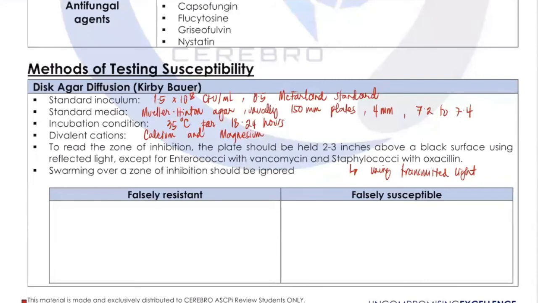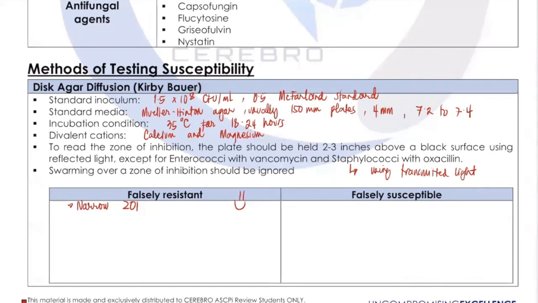Okay, now, ano ba yung mga possible causes that the organism might appear falsely resistant and might appear falsely susceptible? So pag sinabi nating falsely resistant, that means that there is a narrow zone of inhibition. Ako guys, yung palatandaan ko dito, nilalagyan ko parati yan ng smiley face, yung falsely resistant.